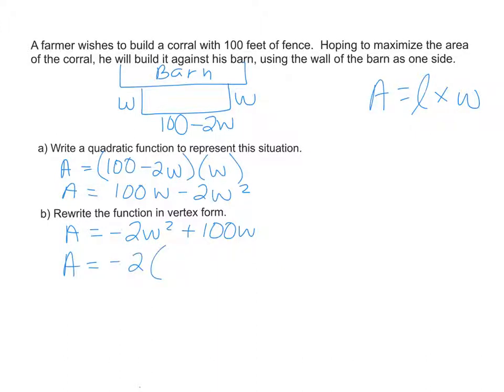Let's do this. Factor out the negative 2. That's going to be W squared minus 50W. So to complete the square, half of 50 is 25. 25 squared is 625. So we'll go plus 625. Remember, it has to be a zero pair, so we'll also subtract 625.